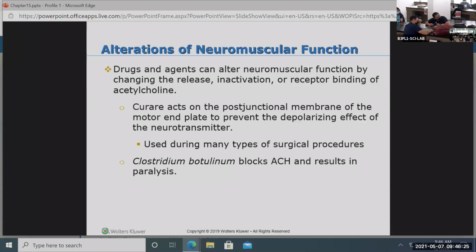Botox is a chemical derived from Clostridium botulinum, and that injection is given every 3 to 6 months. Very expensive, to decrease those skin lines. Okay, so that is Clostridium. Let me go ahead.